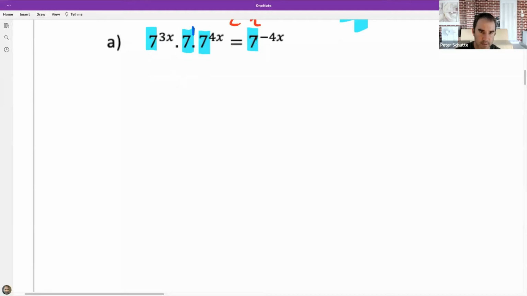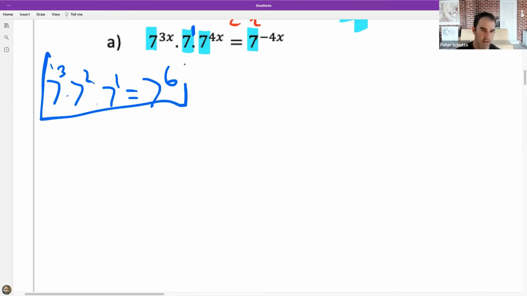There's a 1 here. Whenever there's nothing written, there's automatically a 1. And if you had something like this, the answer would be 7 to the 6. So how can you use that idea to help you answer this question?